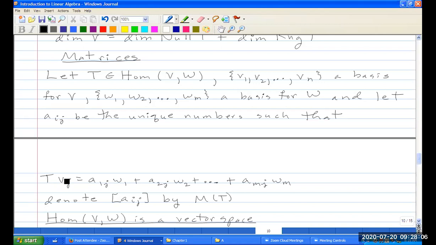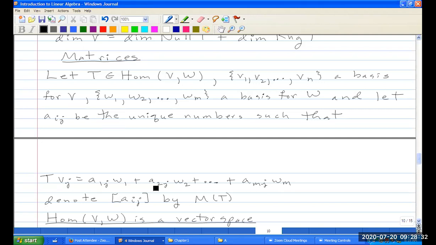It gives you another vector, so a unique linear combination from this basis is found for any vector in W. Since this is a vector in W, I can write it as this unique linear combination of my basis.